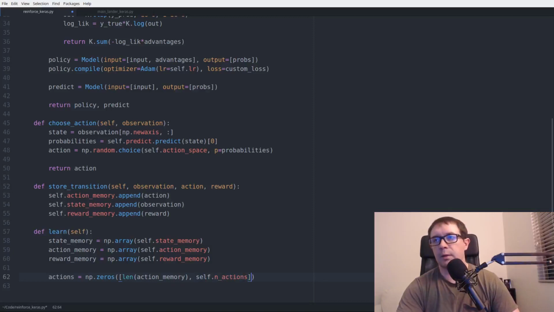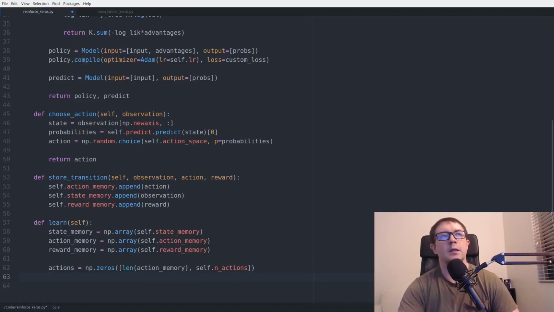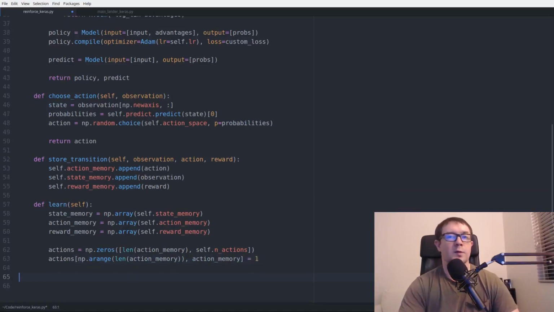So yeah, length of memory by number of actions, and then say actions sub np.arange, that gives us the indices, len of action memory, comma action memory tells us the indices, equals 1. So that'll give us a one-hot encoding, and that is necessary for passing in the labels to the loss function because it requires the labels to be one-hot encoded.